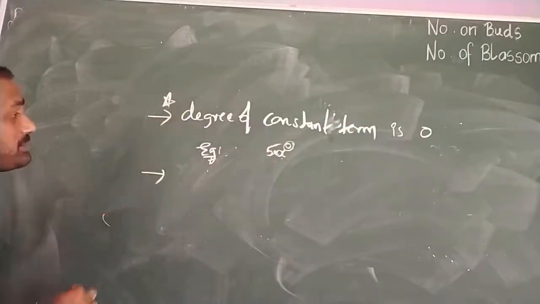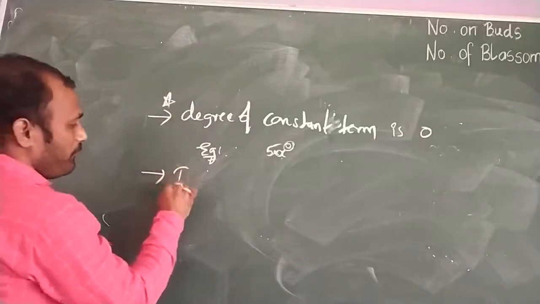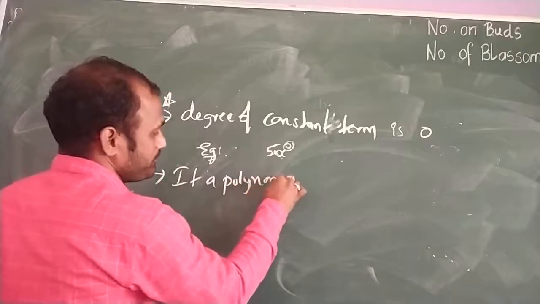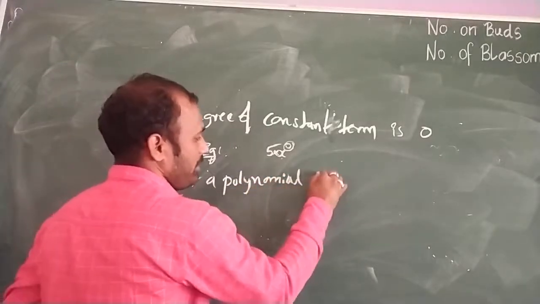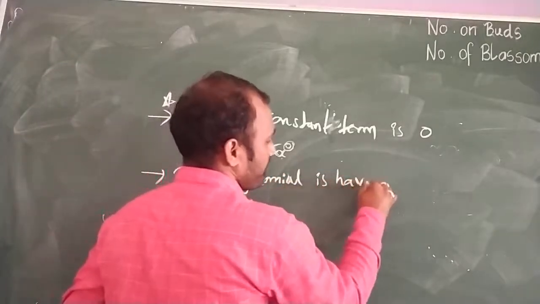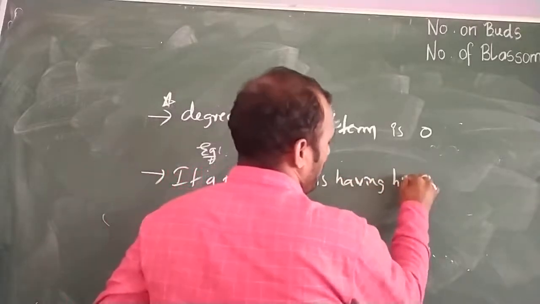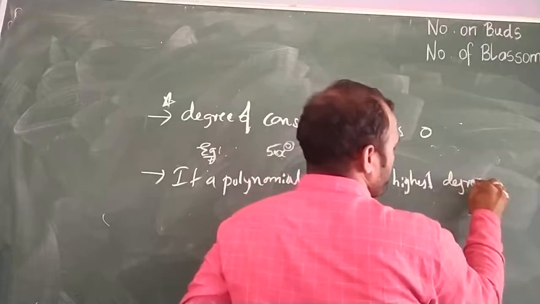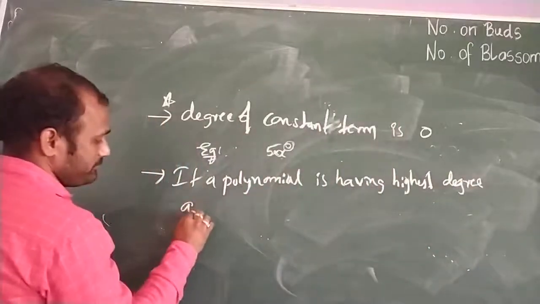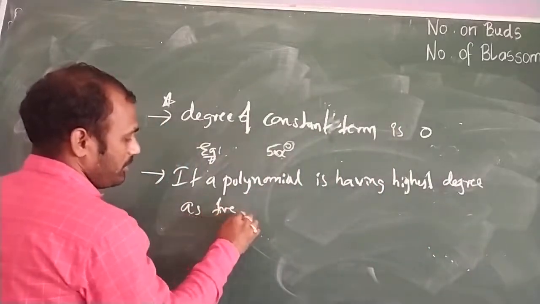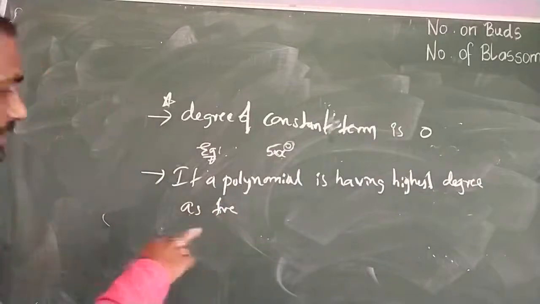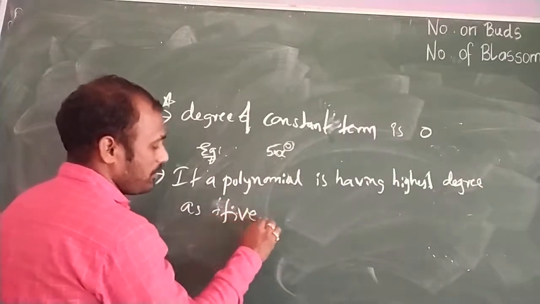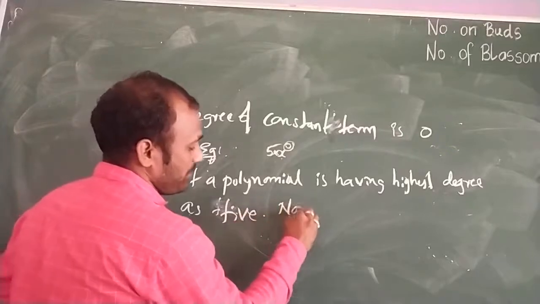The second one is, if a polynomial has the highest degree as 5, what is the name of the polynomial?